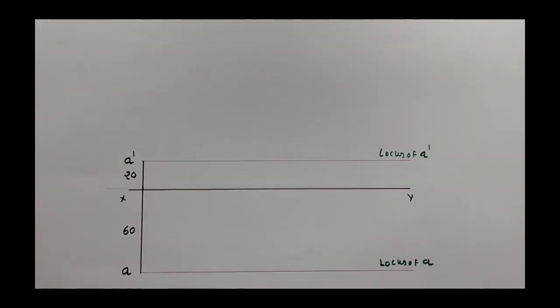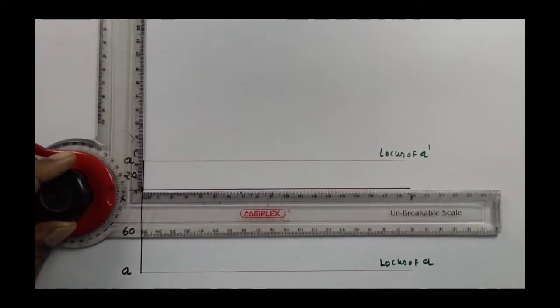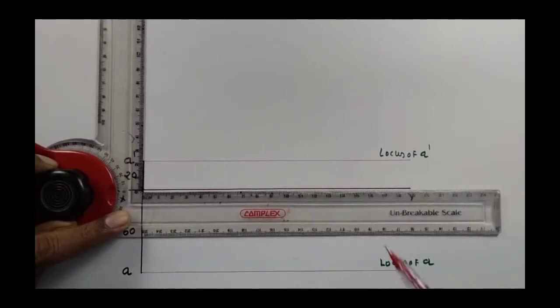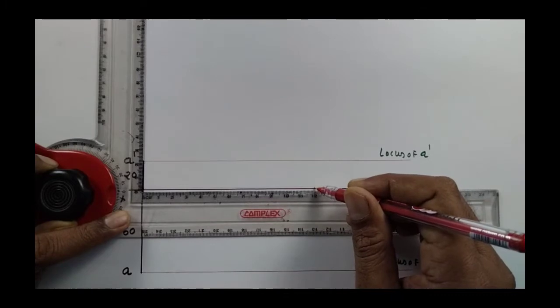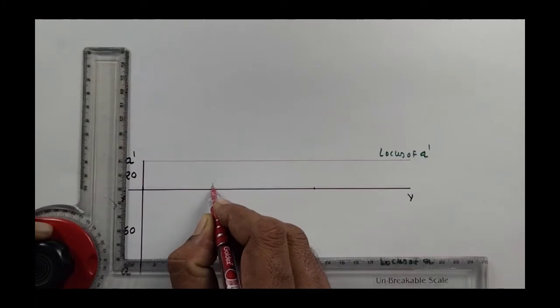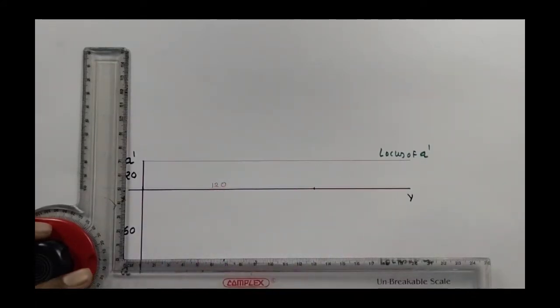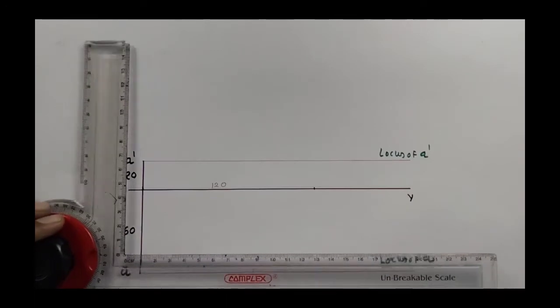Now the end projector is 120 mm, it is given, and we know the end projector is the horizontal distance between final points. So I take the 120 mm projector distance, and from this point we mark our B end.